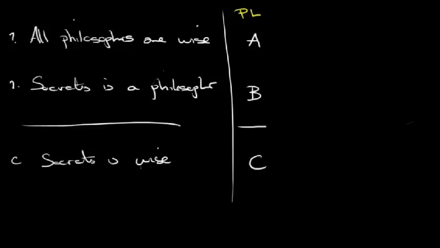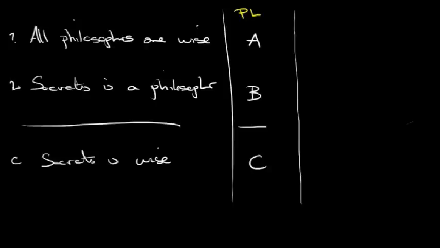Socrates is a philosopher. Therefore, Socrates is wise. If the first two premises are true, the conclusion must follow from them, right? It must also be true. But that isn't preserved in our PL translation, right? A, B, and C don't appear to have anything to do with one another. There's nothing that shows us that A and B are related to C in such a way that if A and B are both true, then C must be true. We need to go back to the English translation in order to do that.